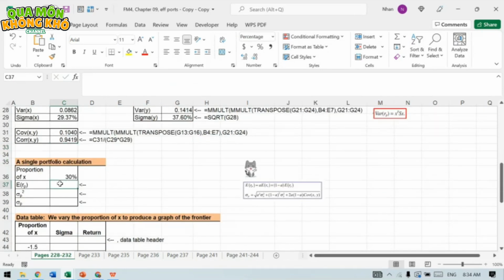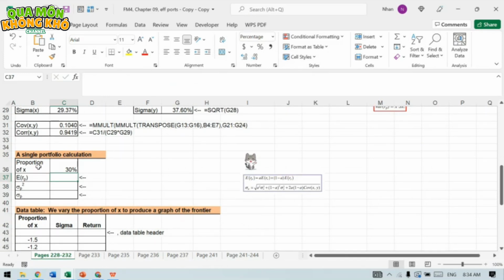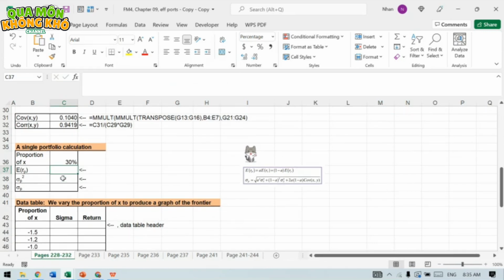The next step is to find the single portfolio P. Here I call it P, and it is a combination of portfolio X and portfolio Y. And I assume that I just randomly give the proportion of X as 30%. And now I will calculate the expected return, variance, and standard deviation based on this formula. So I should apply it.